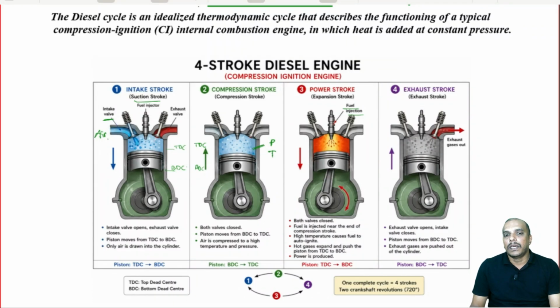So, a diesel engine should increase the temperature of the air to greater than the auto ignition temperature of the fuel. So, it auto ignites, and we need not provide any spark plug, because the ignition starts automatically.